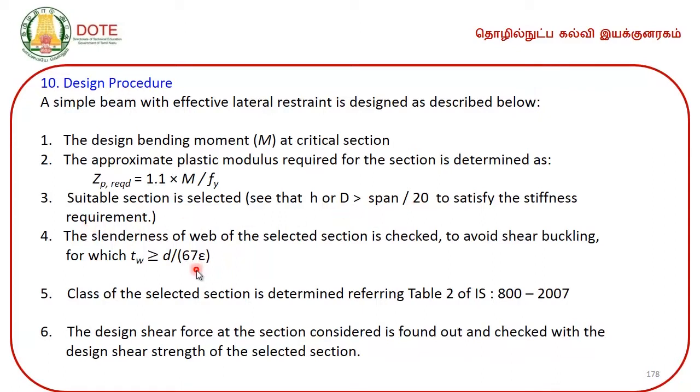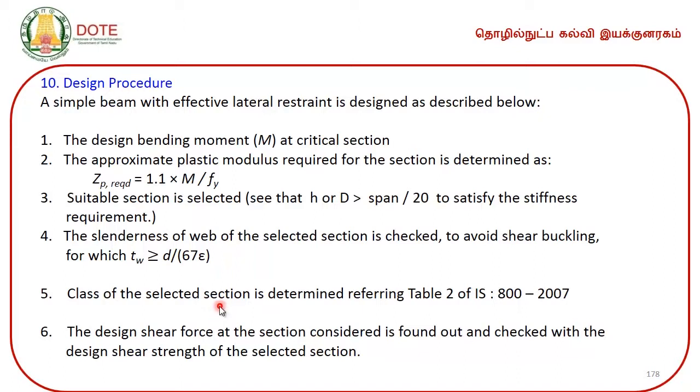And the next step is to check whether the section is susceptible to web buckling. That means to avoid shear buckling, the condition is thickness of web should be greater than or equal to the depth divided by 67 epsilon. And the fifth step is to find the class of the cross section selected.